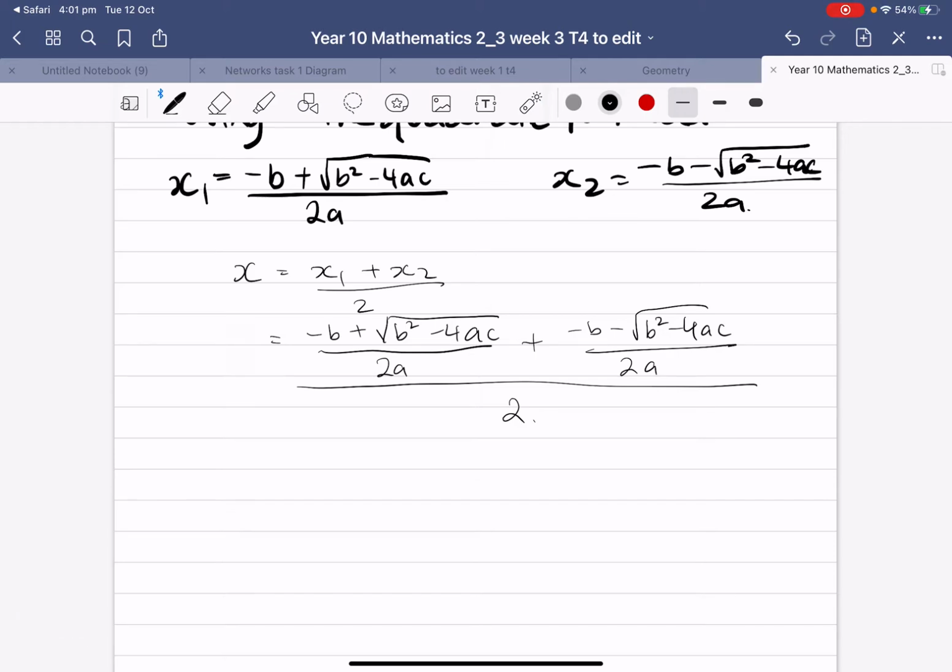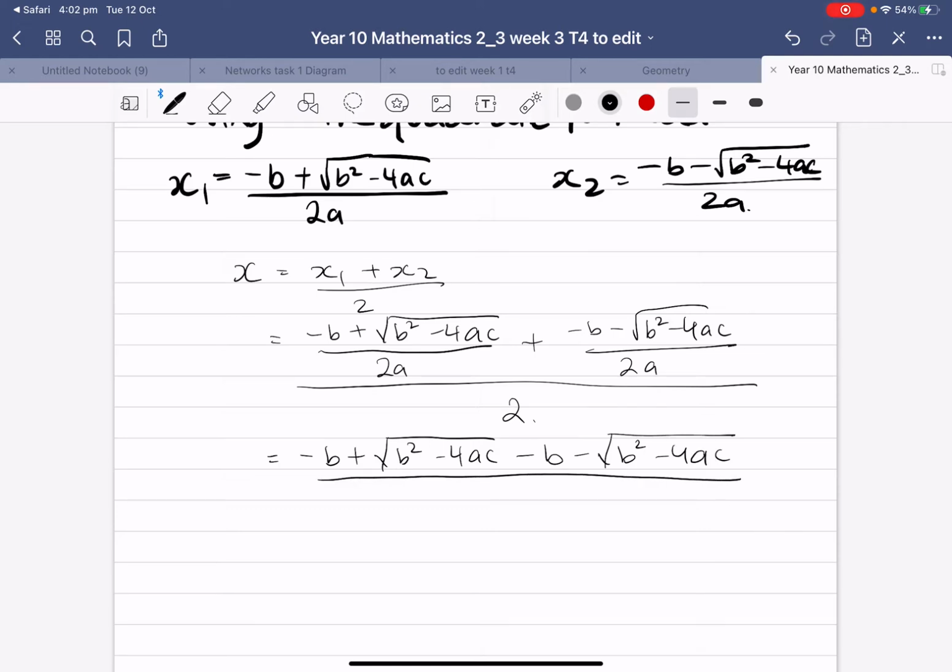At the top, they have the same denominators, so we can add them together. So it's going to be negative b plus the square root of b squared minus 4ac, plus negative b minus the square root of b squared minus 4ac. And this is all over 2a, and then that's over 2.